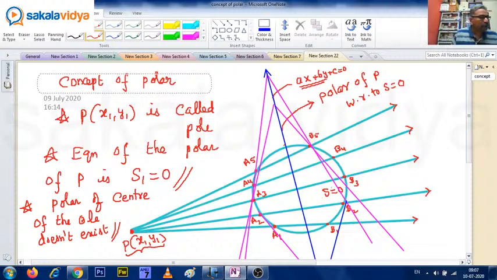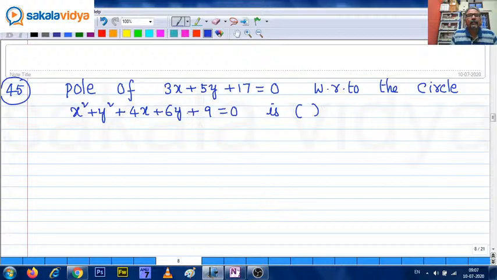Okay. It's correct only. Right. Options, note down first of all. First option is (-1, 2).